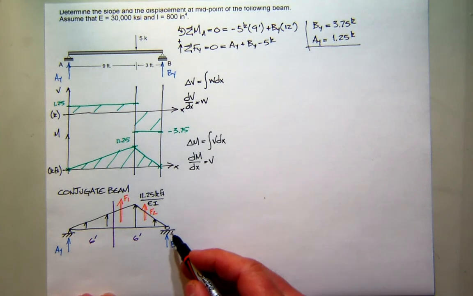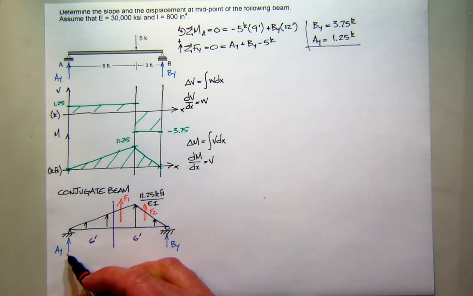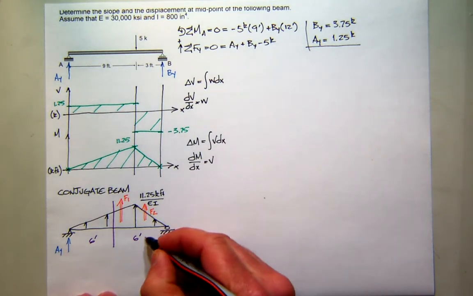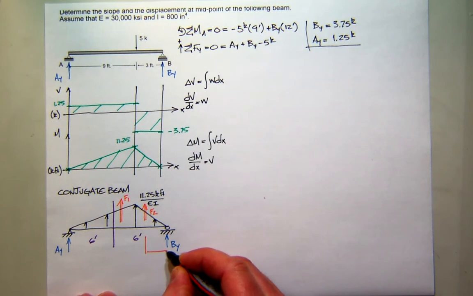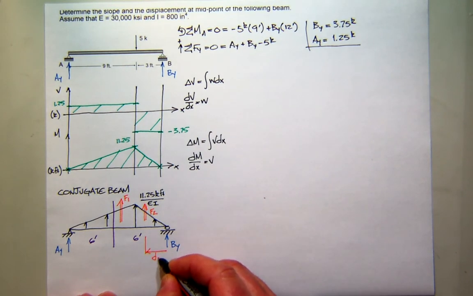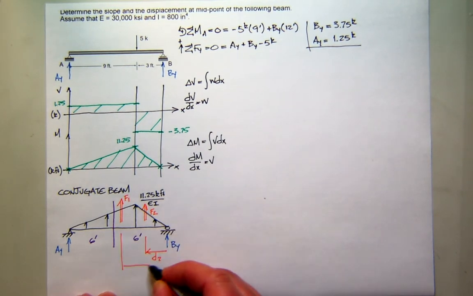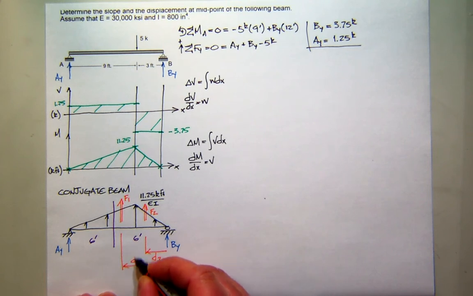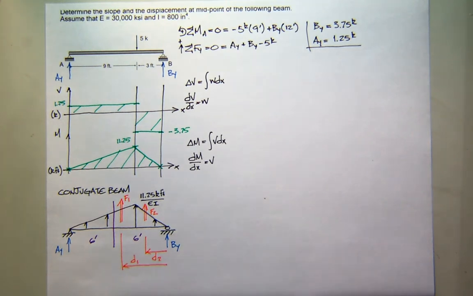Now I'm going to sum moments about B to find my reaction at A, so I probably need these distances, which I'll call D2 and D1. You see that? So we're going to have to stop for a second and do some calculations and figure out what all that stuff is.